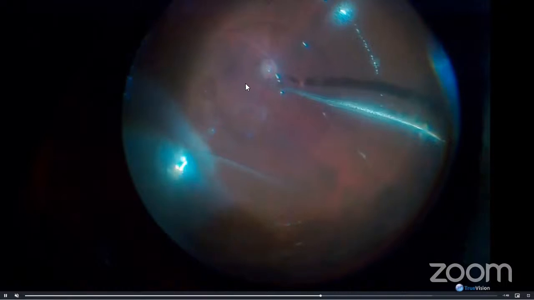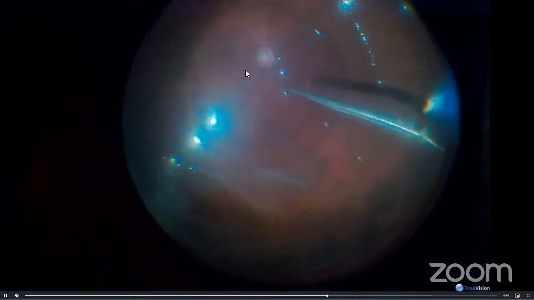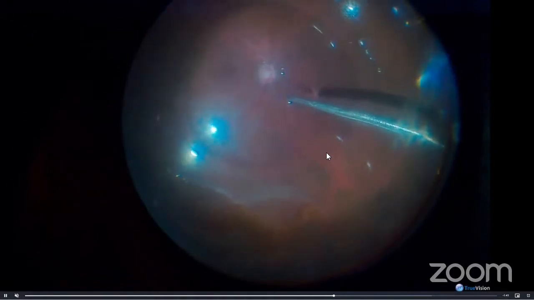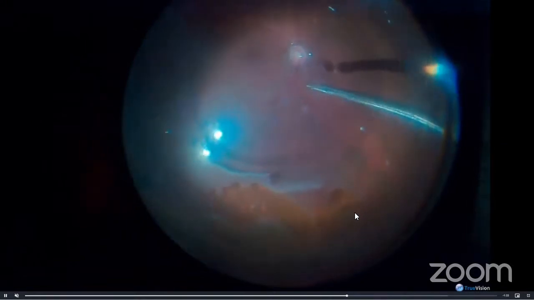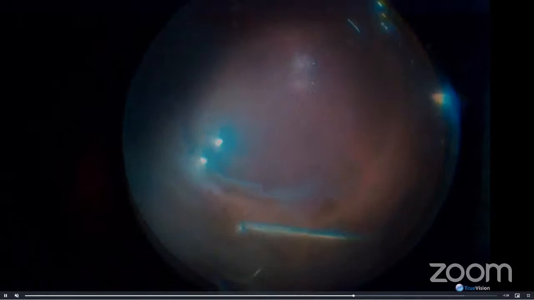You can see the injection of heavy liquid here, and subsequently it flattens your retina. We inject the heavy liquid up to the posterior edge here, and then he drains the fluid.